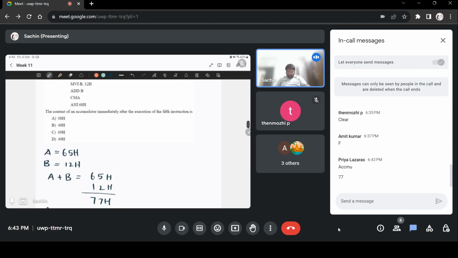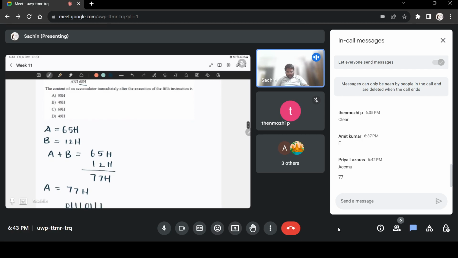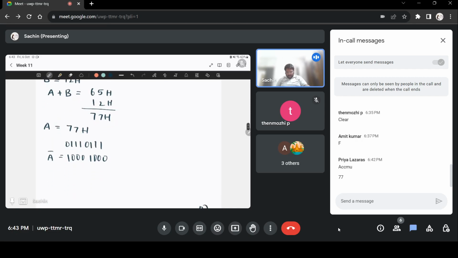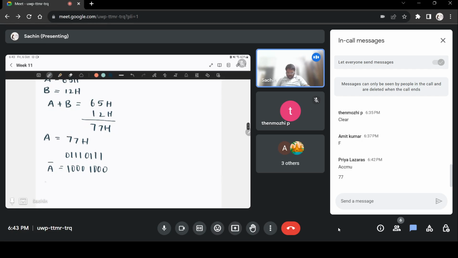Next instruction is ANI 68H. AN is the AND operation. I means that the data is immediately given to you. So 68H is the data with which you have to AND your accumulator contents. So you have to AND 68H.